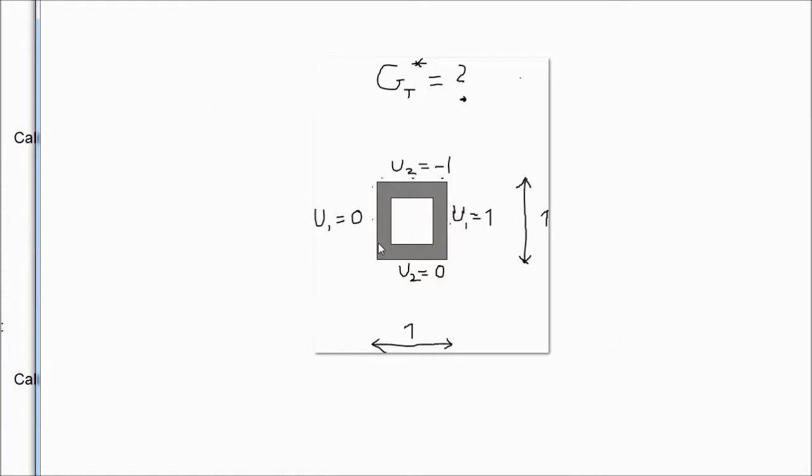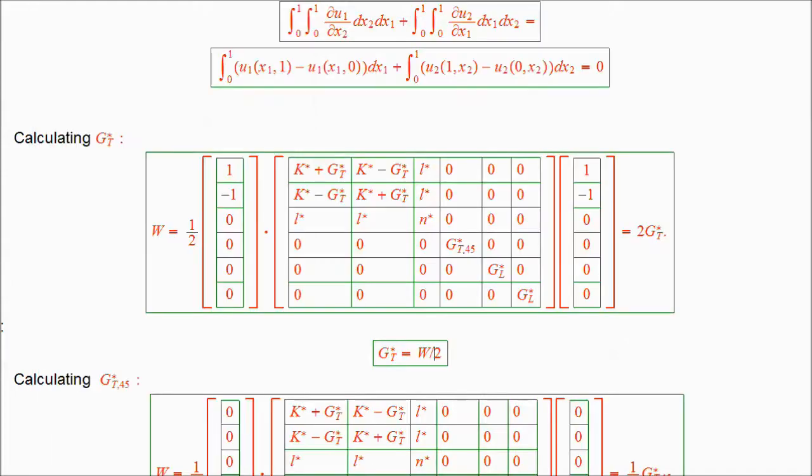So the average strain in the one direction is equal to 1, and the average normal strain in the x2 direction is just equal to -1. So that was pretty easy.